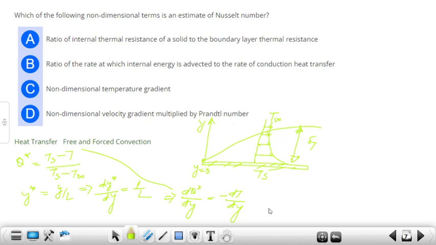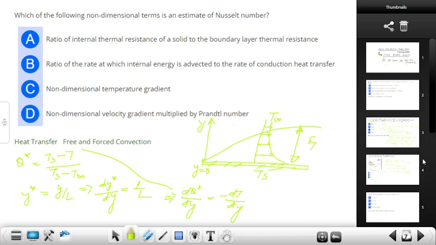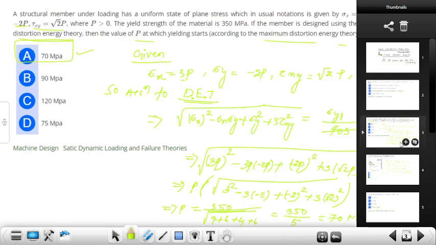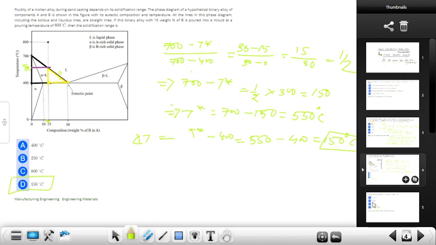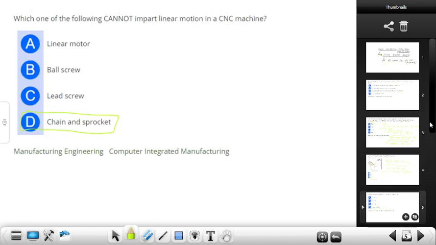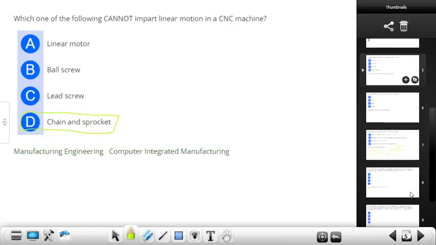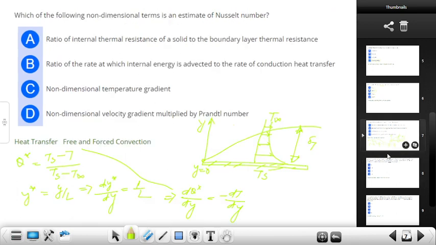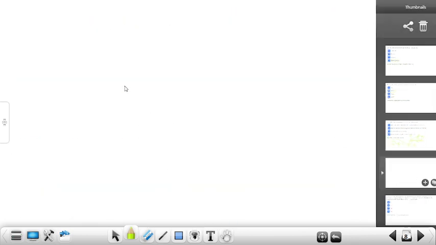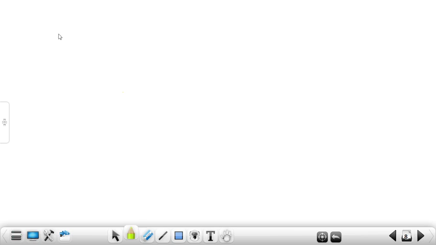We know the Q conduction is equal to Q convection.